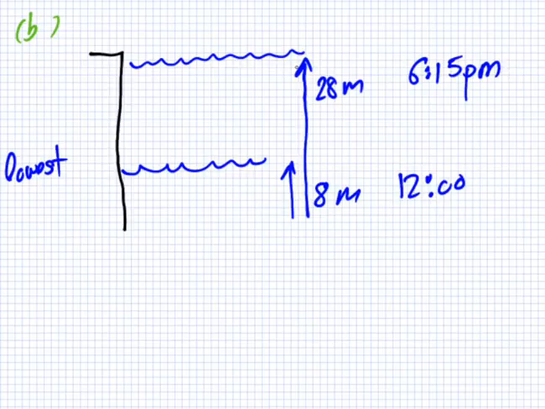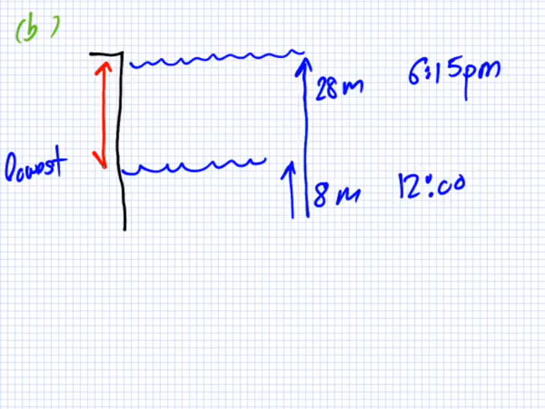Now, I need to read it. I can read for you. Yes, but I want to draw it too. Okay, so this one here. The level of water in a harbour rises and falls.